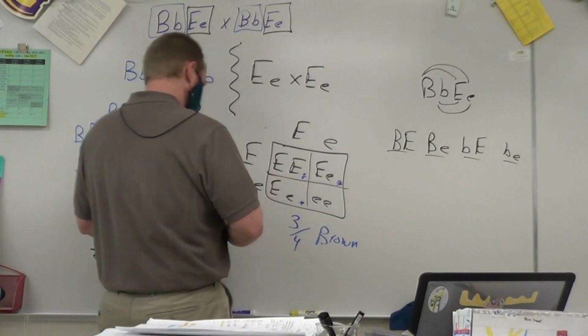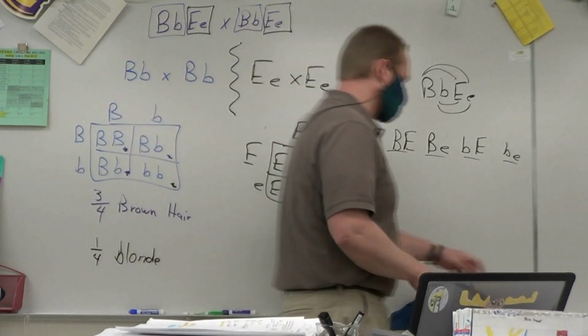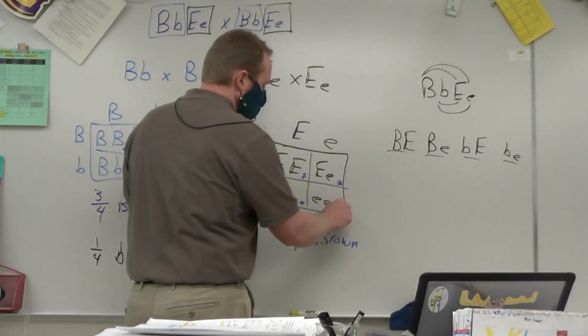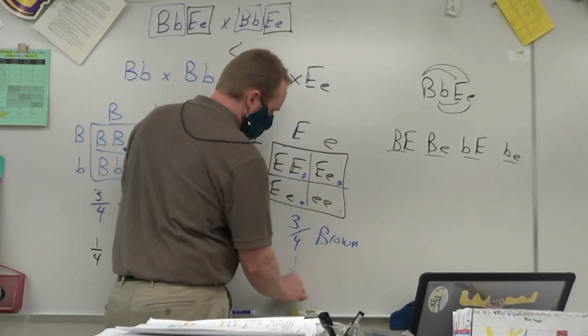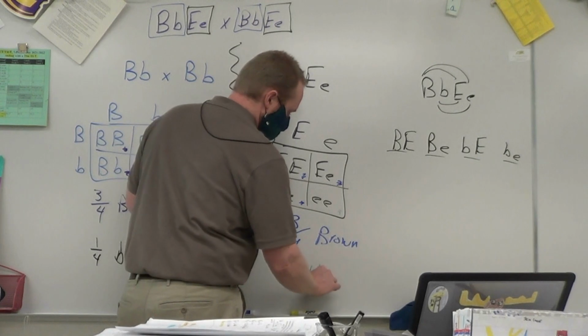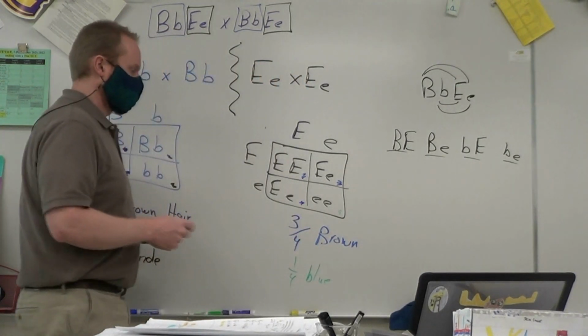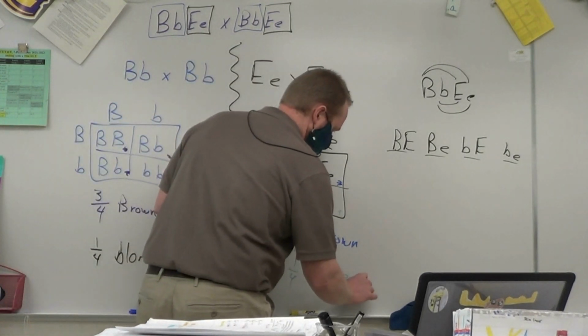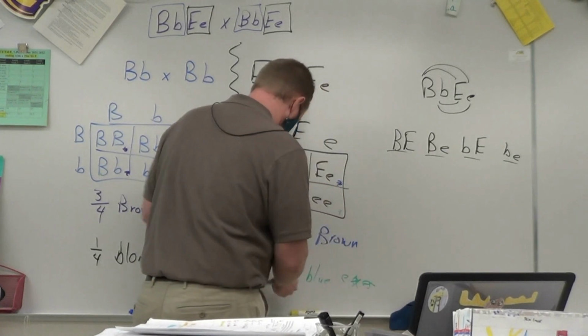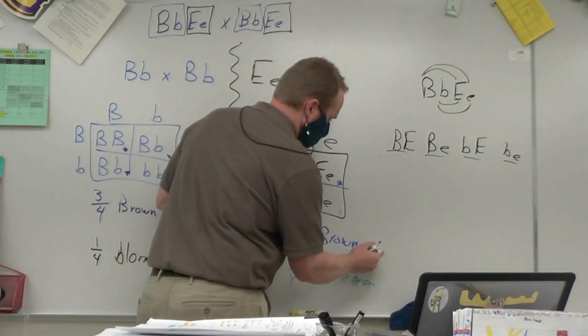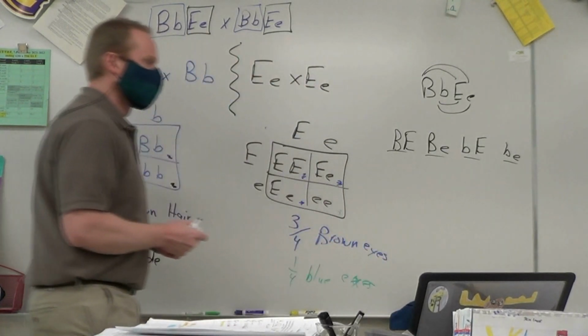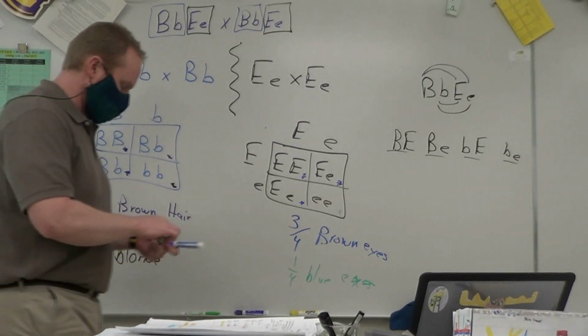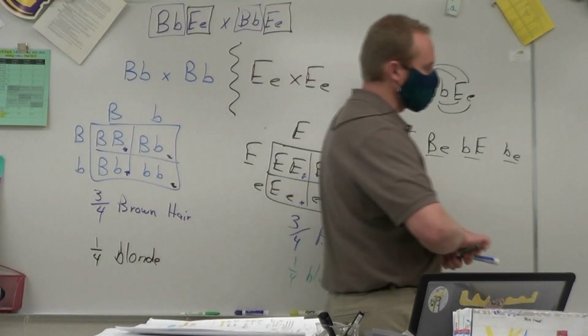And then I can look at this and say, well, 1/4 of these are going to be blue. Which, if we go over there and we count them, would be the same idea.